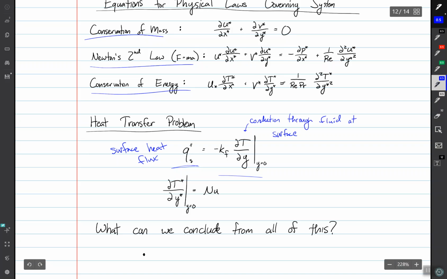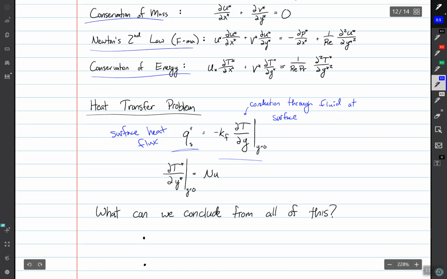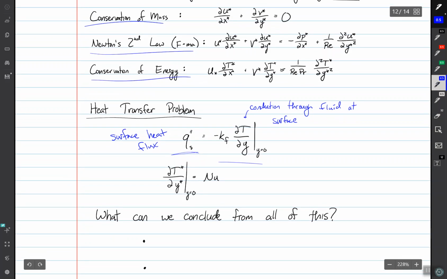And what we did before was we non-dimensionalized this equation and got to this equation, where our dimensionless temperature gradient, dT star over dy star, is evaluated at y star equals 0.